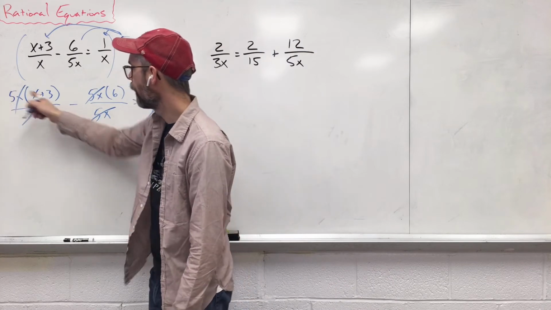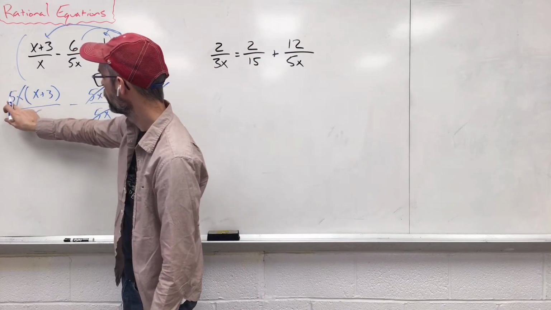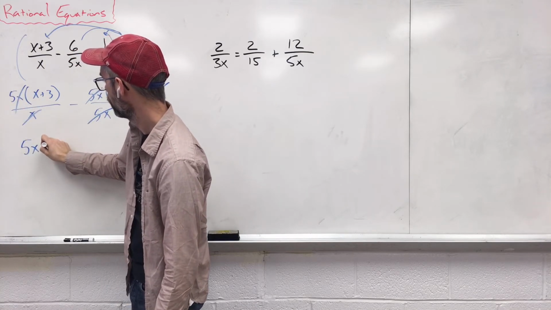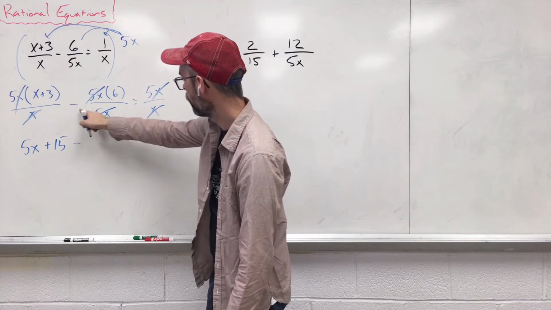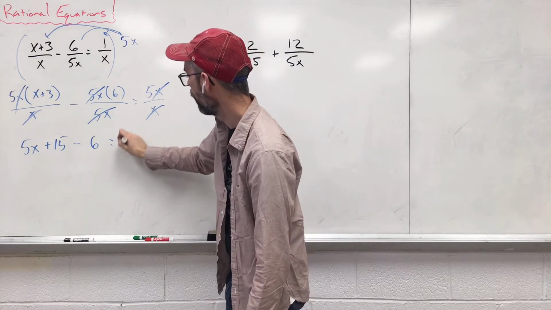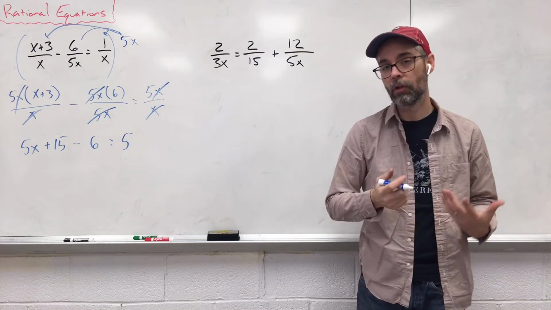Now let's take that 5 and distribute and combine what we can combine and see where we lead. So let's say 5 times x, 5 times 3, giving us 5x plus 15 minus, the only thing I have here is 6, equals, the only thing I have left over here is 5. Now we just gave ourselves a fairly simple equation to solve.